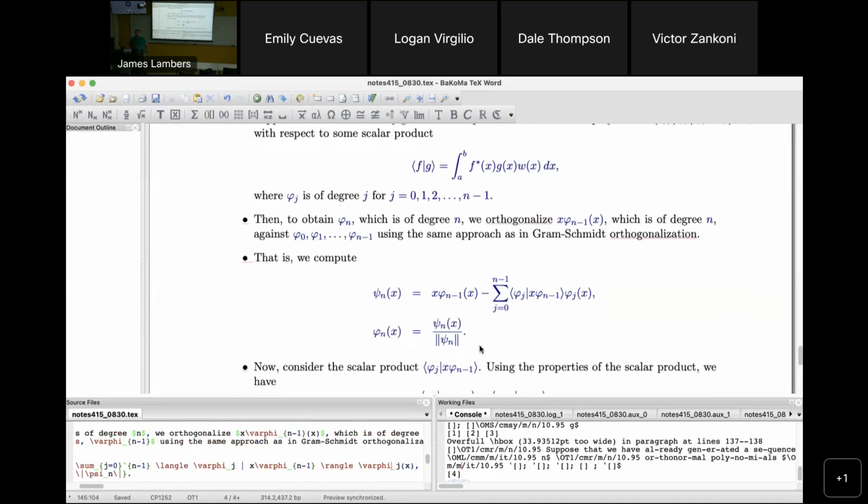At this point, it's not apparent how we're saving any effort. That's what I'll show you now. We're going to take a closer look at this scalar product that we have to compute for each of these terms, phi j with x phi n minus 1.